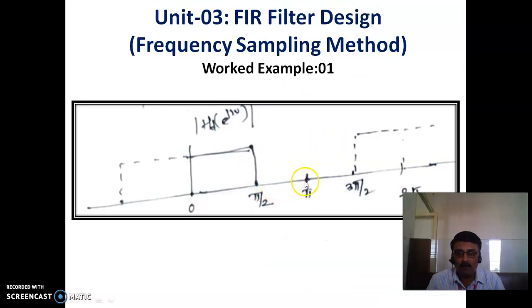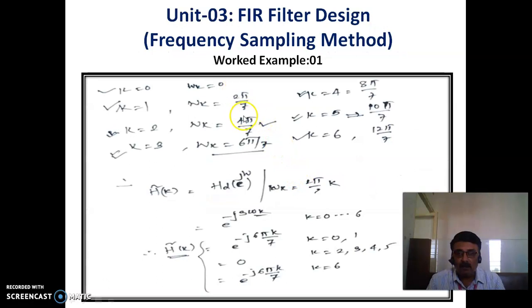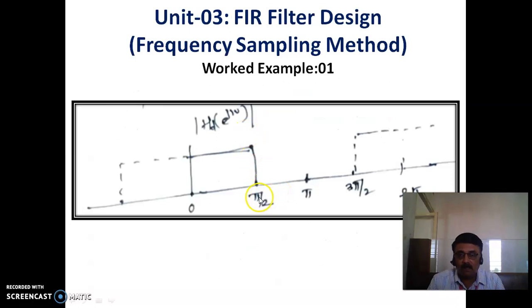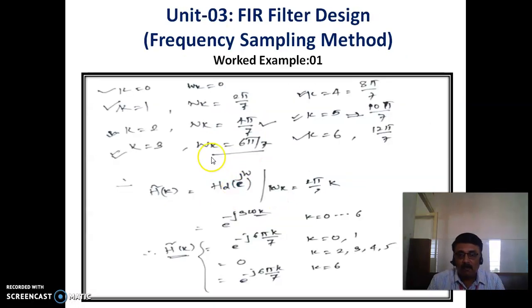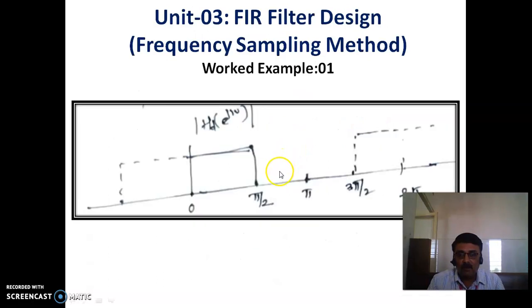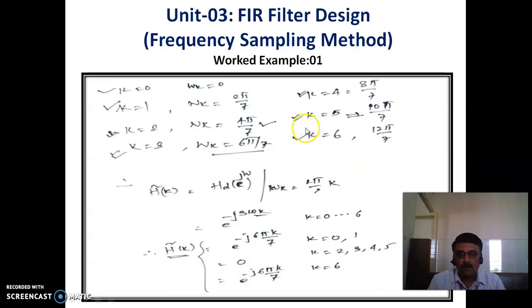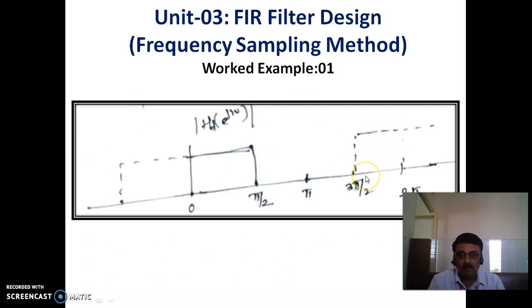See, pi by 2 to pi. If you put it in the calculator, you can easily understand that k from 2 to 5 will be between pi by 2 and 3 pi by 2. After this, when you substitute k equal to 6, 12 pi by 7 will appear between 3 pi by 2 and 2 pi, in this location.